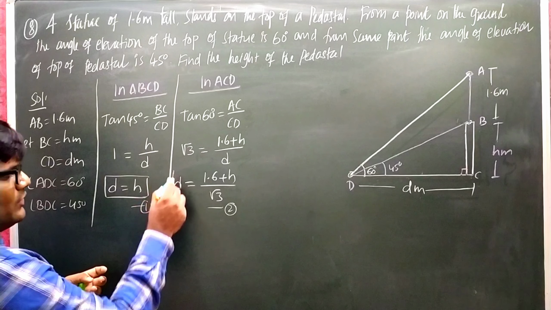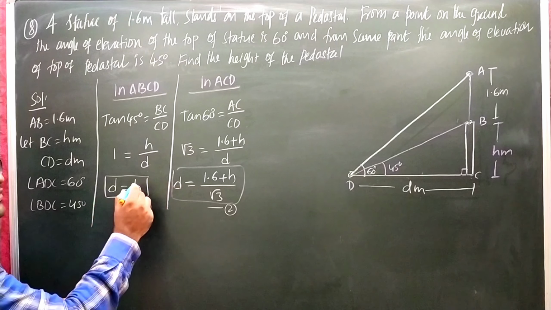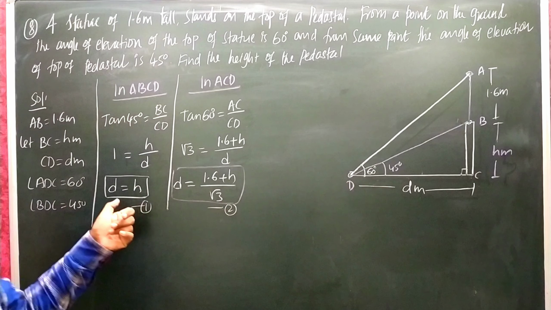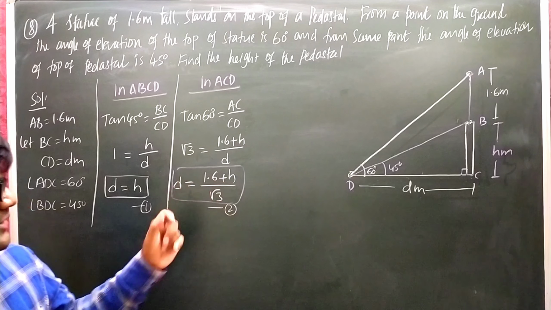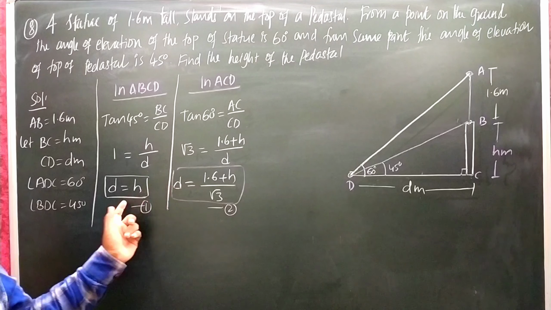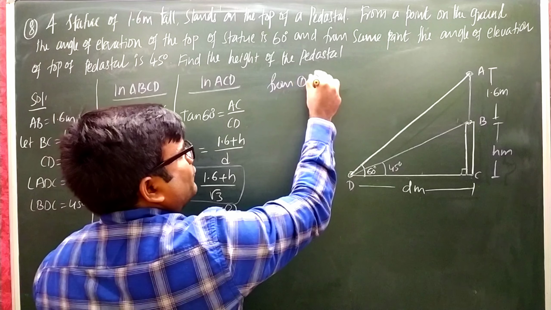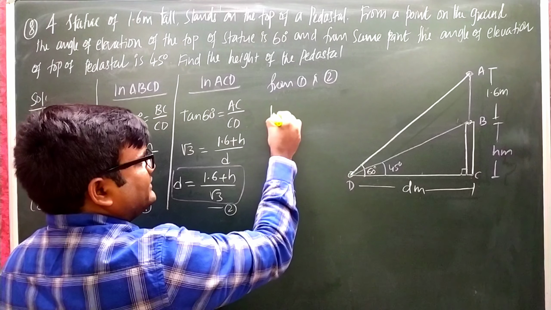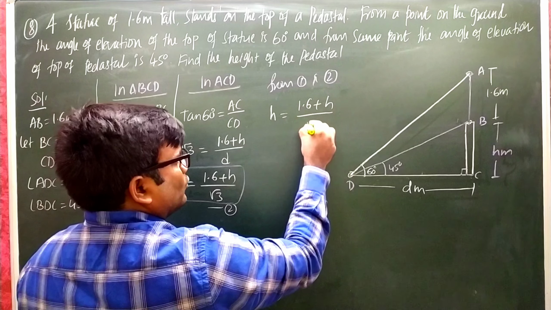So now from 1 and 2, left hand side both are D's only. So now you equate the right side. The common length is D, just to make D the subject in the first one. Next, the second is also the same, D made the subject. So the left hand side is equal, both are equal to D. We can write h is equal to 1.6 plus h by root 3.